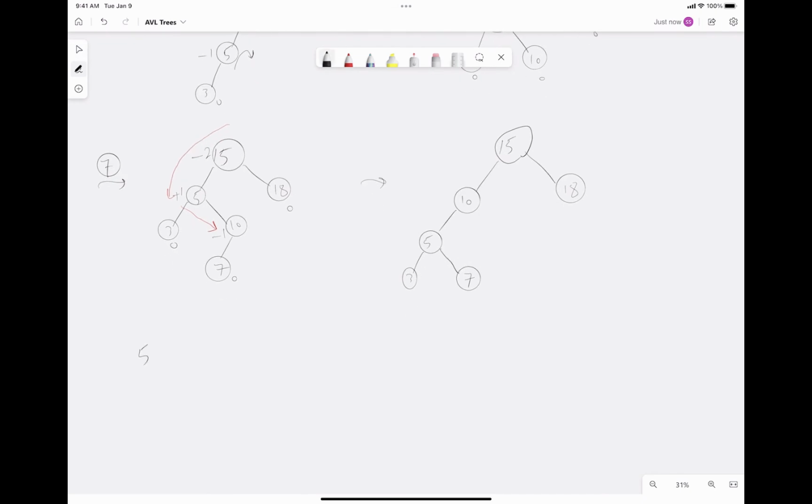So 5, I'm going to write here, gave up its right child, which was 10, so it needs a new one. And also 10 gave up its left child, so it needs a new one.